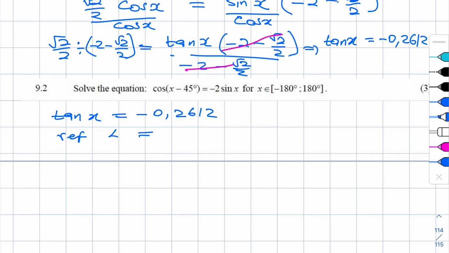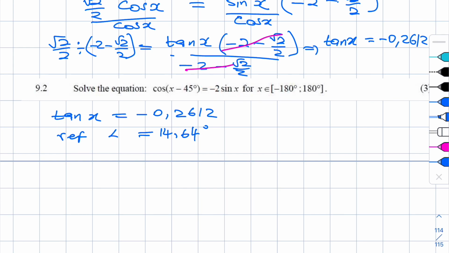Okay, so here I will say shift tan 0.2612, and then that will give me 14.64 degrees. And remember this negative is telling me which quadrants I am working in.